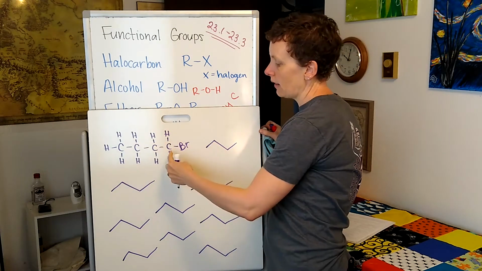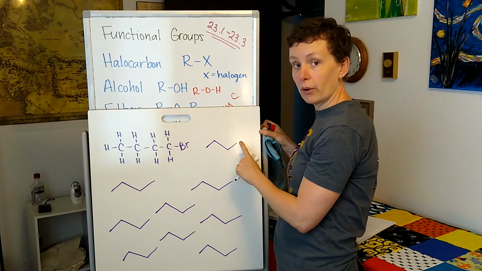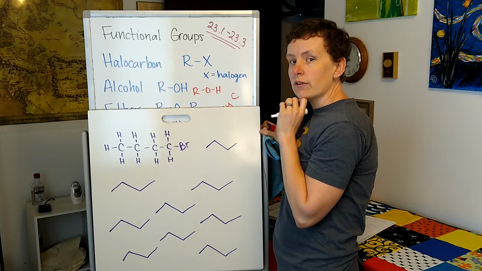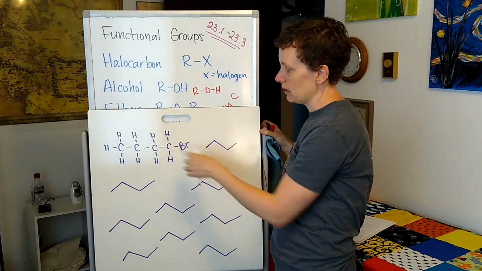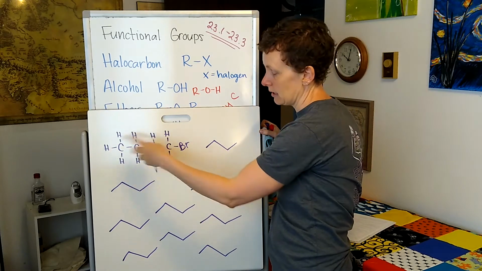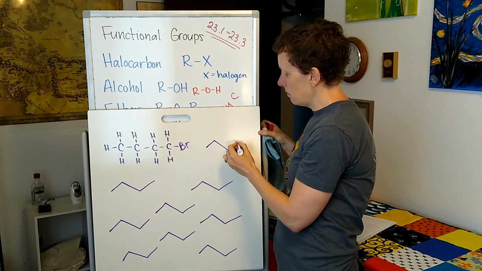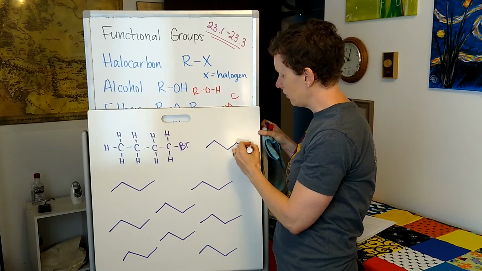Remember, we can draw a skeleton structure or a line angle structure here. 1, 2, 3, 4 points on this diagram makes 4 carbons, okay? So if I wanted to add a bromine to the end carbon, it doesn't matter which end, it would be the same. If I had chosen that end, it's the same molecule, okay? But if I wanted to add it to the end, I need to add a bond and then add my bromine, okay?